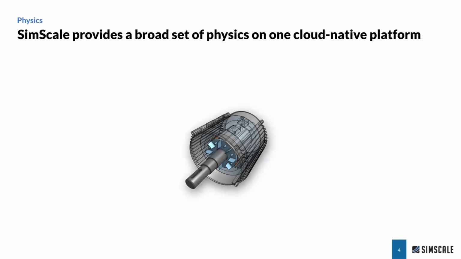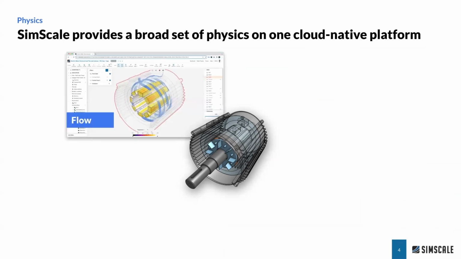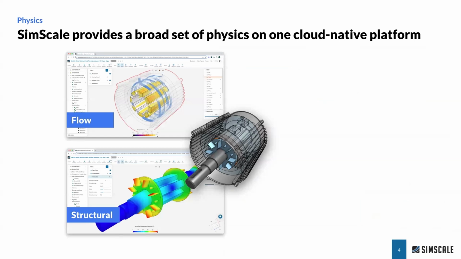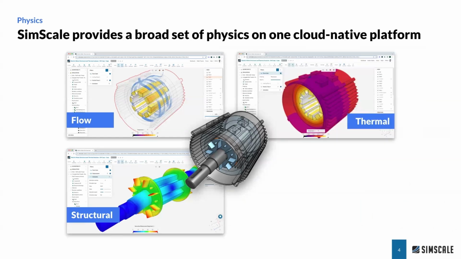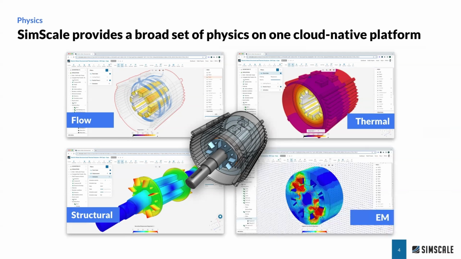And also, SimScale is a single platform where all of the physics are streamlined in an intuitive workflow. So you have flow analysis, structural analysis, thermal analysis, and the newest one, last but not least, electromagnetic analysis, all in one single environment.